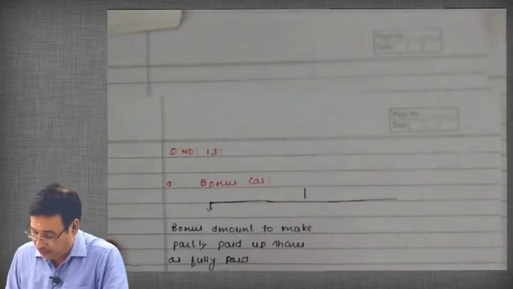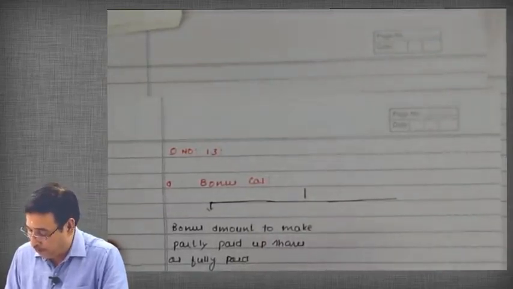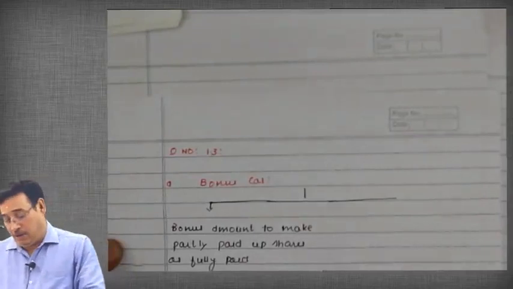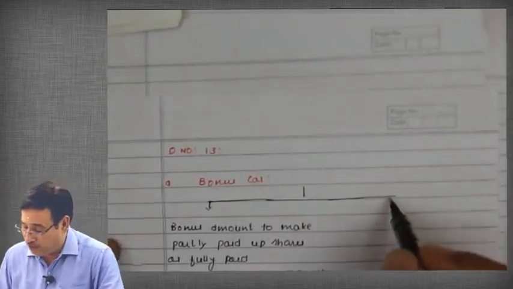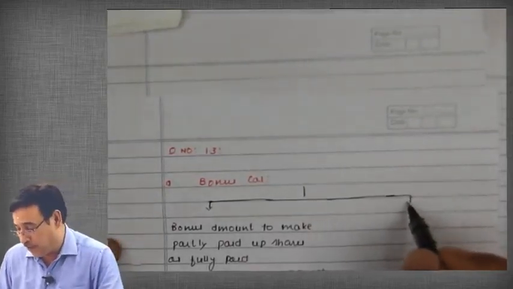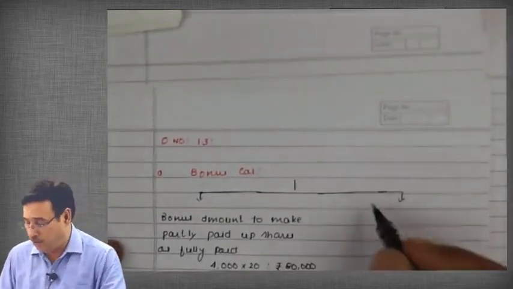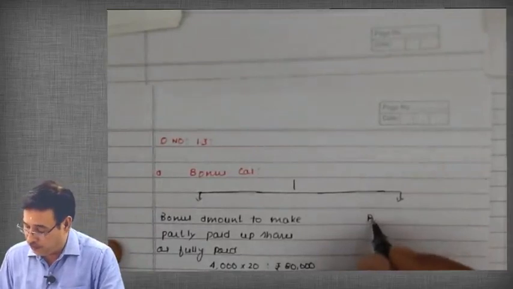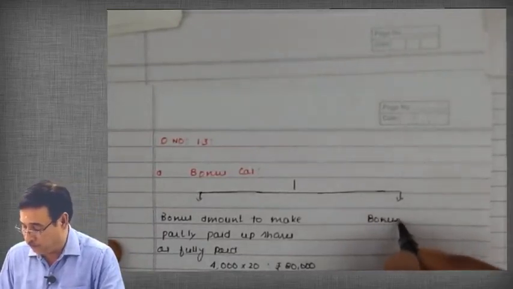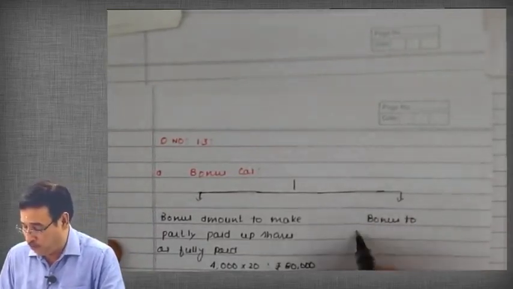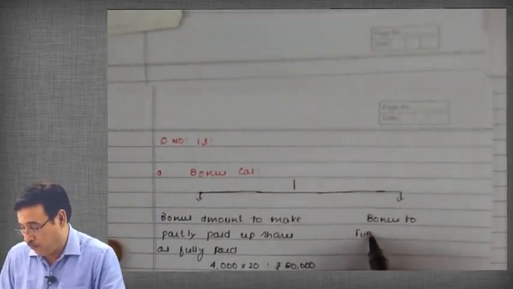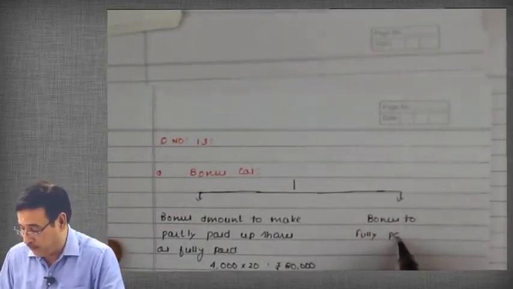4,000 equity shares are there. Uncalled amount is 20. So rupees 80,000 you shall require out of reserves to make the shares fully paid. And once the shares become fully paid, then you are going to offer them bonus shares in the ratio of 1:2. So bonus to fully paid up shares.